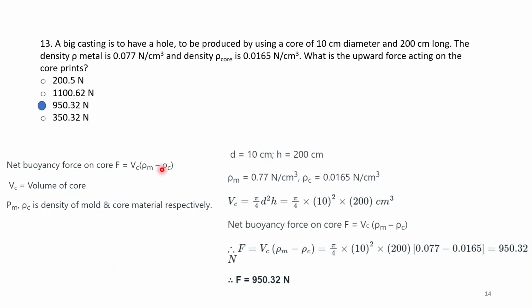The formula was given earlier, so you have to find the volume of casting. You already know the densities of metal and core, so these are given here. You just have to calculate the volume of the casting. Based on that you can find out it will be 950 Newton.